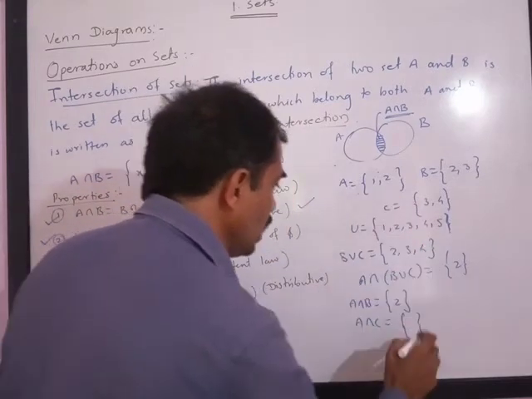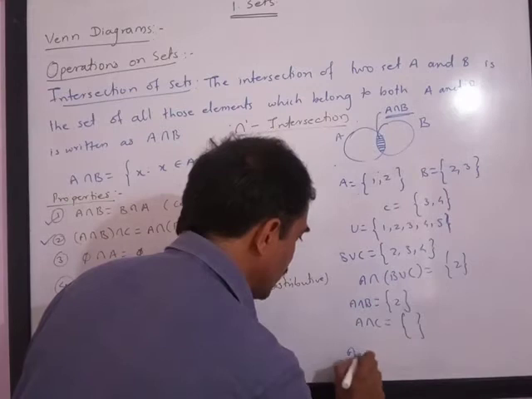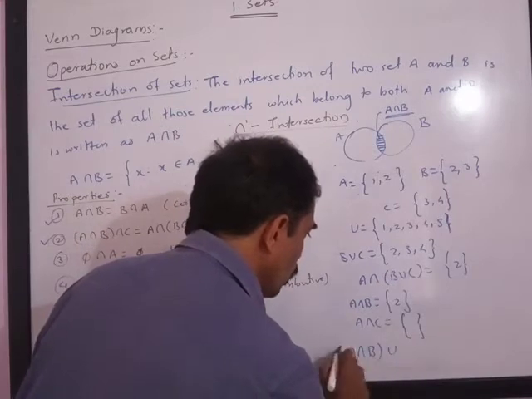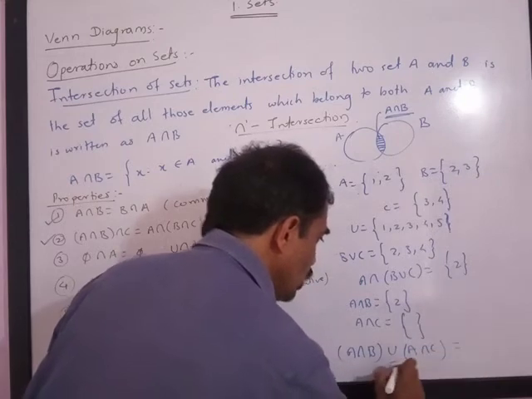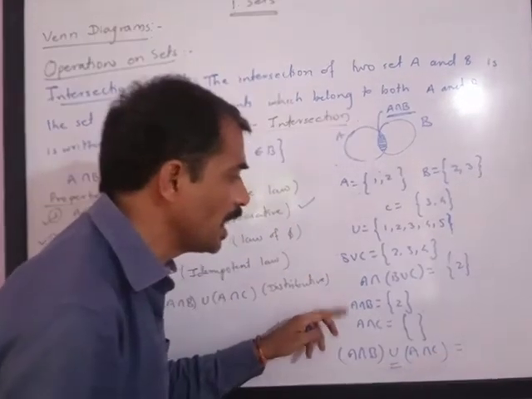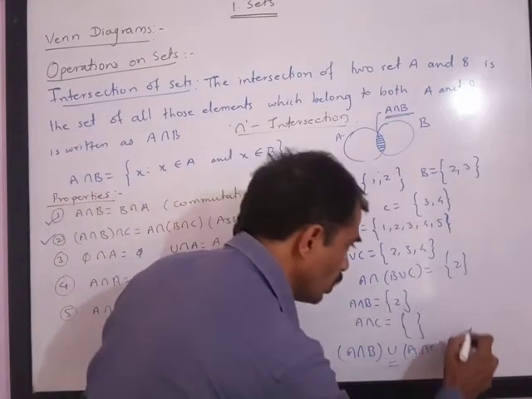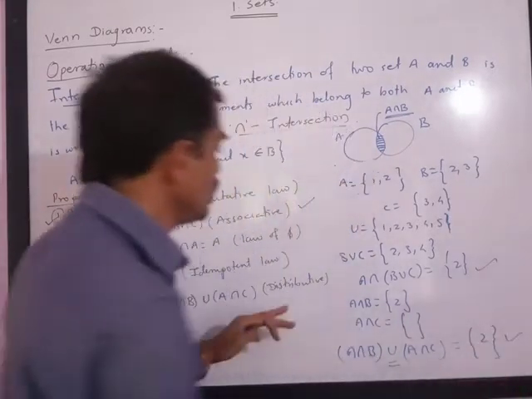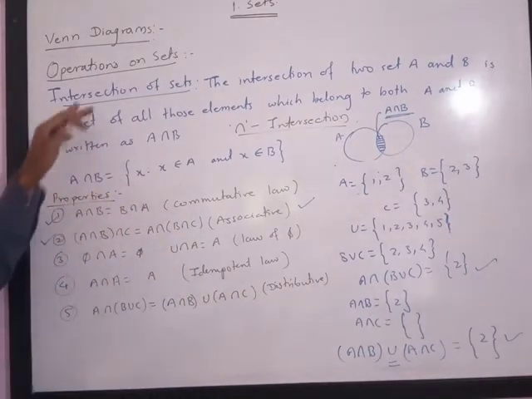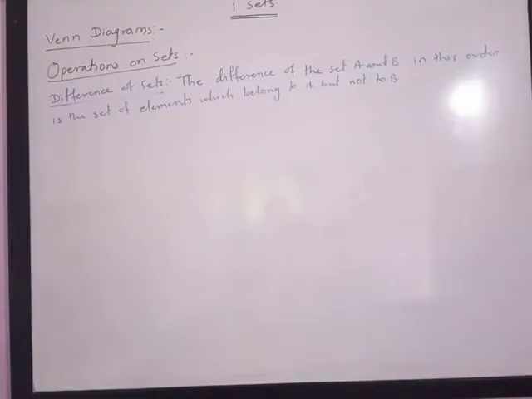It means (A intersection B) union (A intersection C). Please note this union means the set of all the elements of set A and set B. So this is equal to 2. So again you will notice that the distributive property is true for intersection of sets.